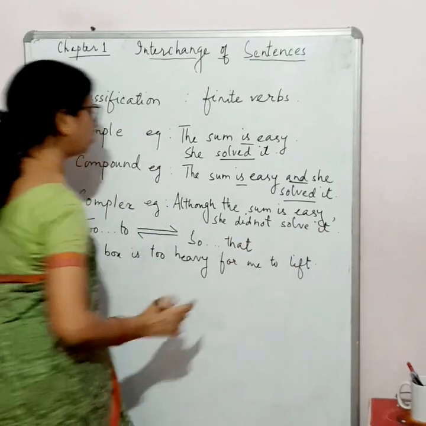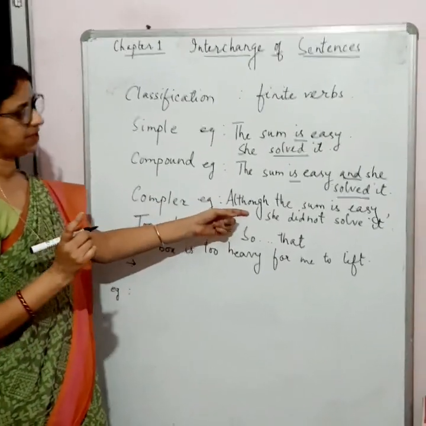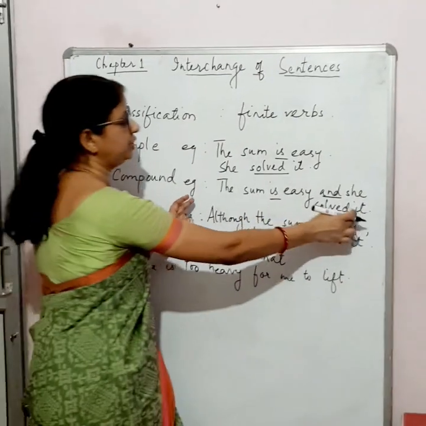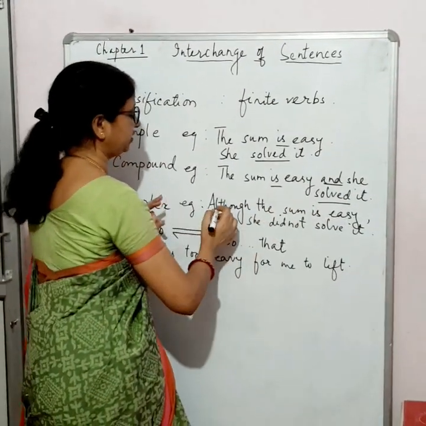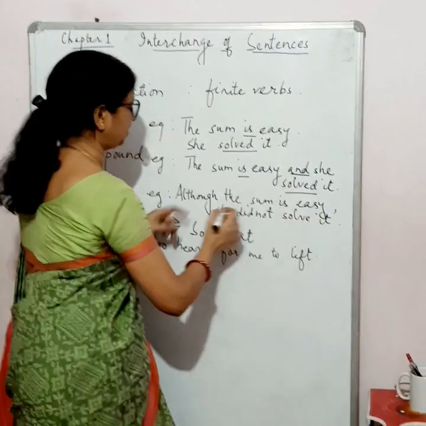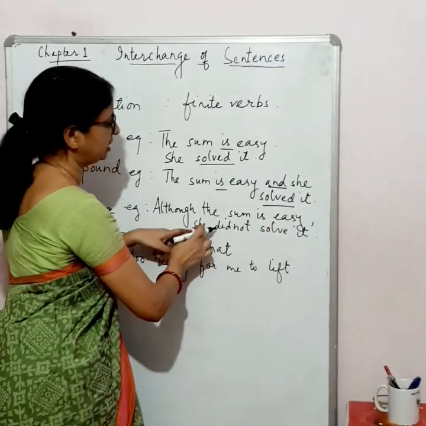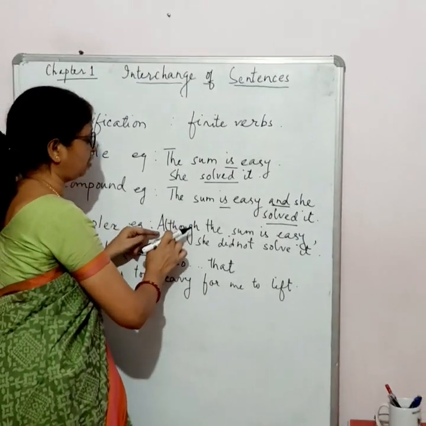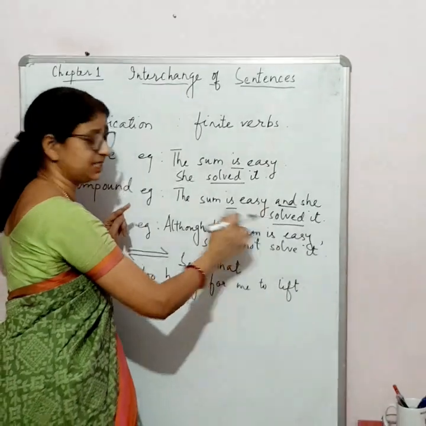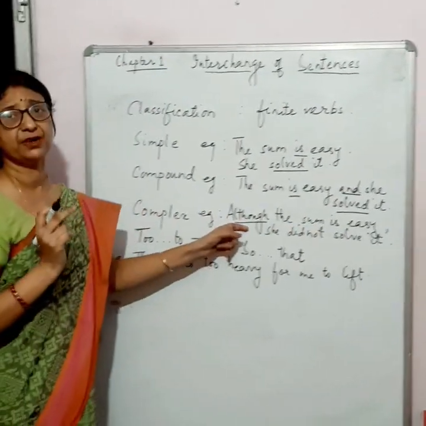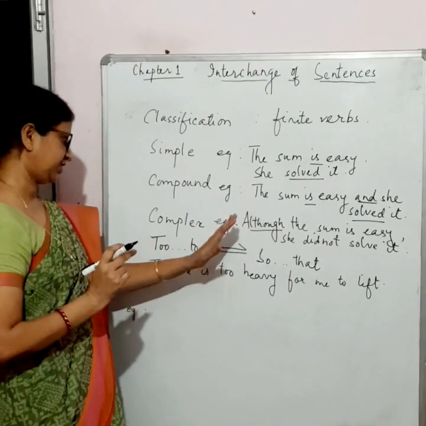So here we are making use of a subordinating conjunction, and two clauses you find here. She did not solve it is the principal clause, and the subordinating clause is although the sum is easy. And here we have joined these two sentences with the help of a subordinating conjunction.